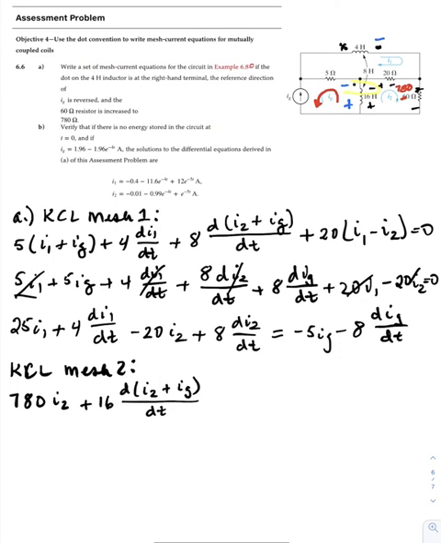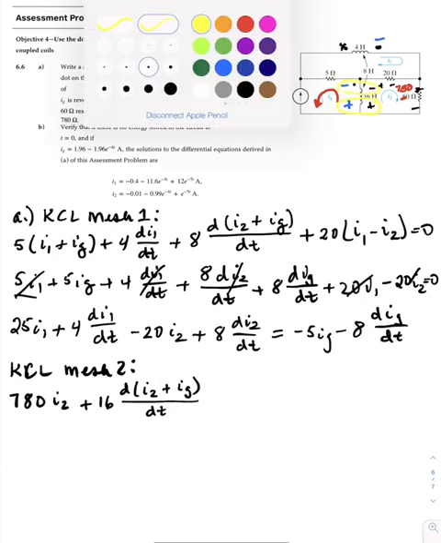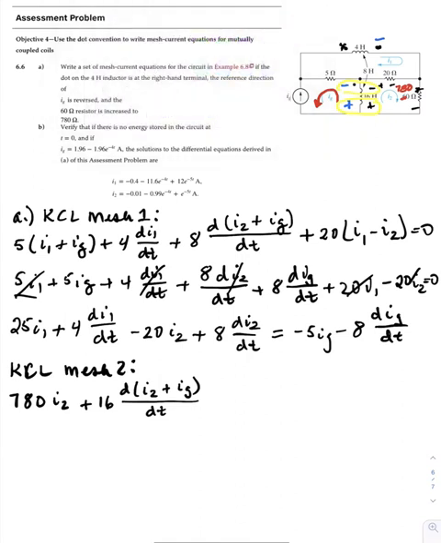So our voltage polarities align here. So we will say plus 8 derivative of I1 over dt plus the 20 ohm resistor times I sub 2 minus I sub 1 equals 0.